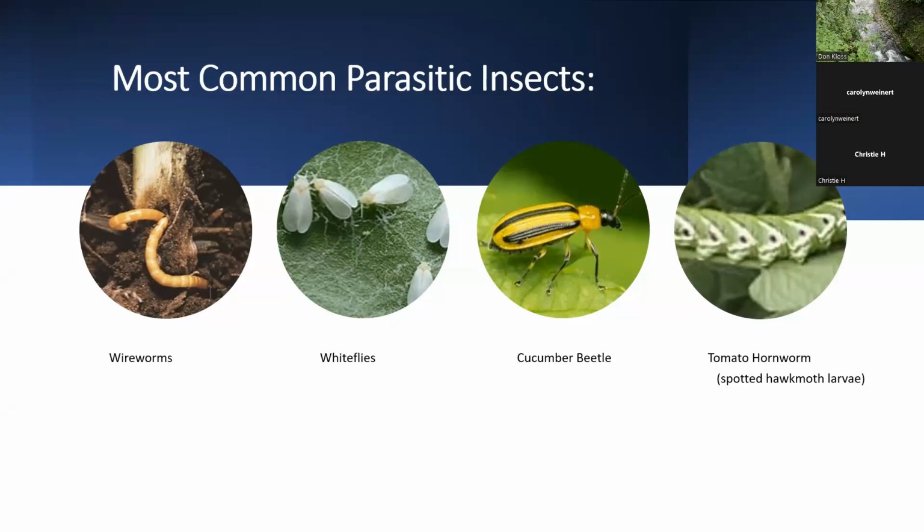Cucumber beetle, which I think most people have seen at one time or another, and the tomato hornworm, which is really a misnomer. What that really is, is a larvae of the spotted hawk moth. And those are all parasites of plants.